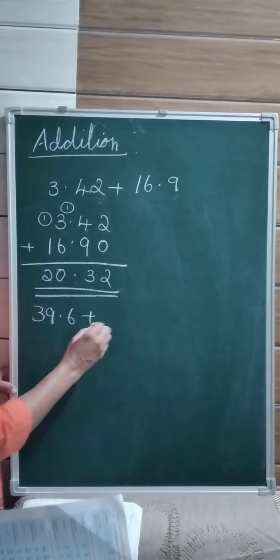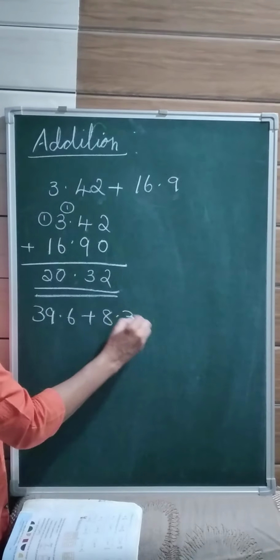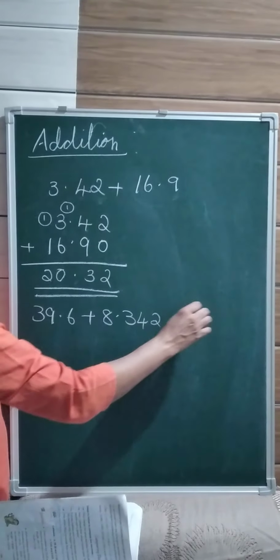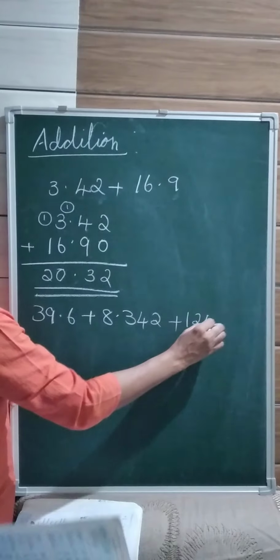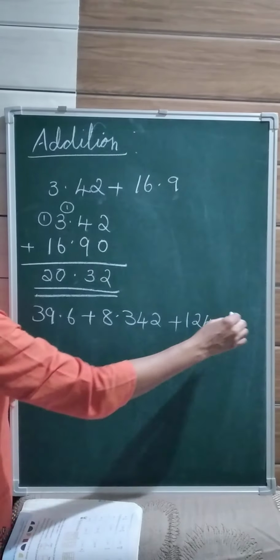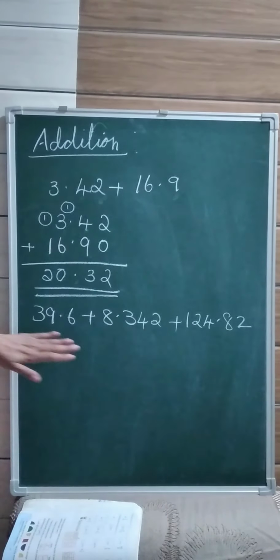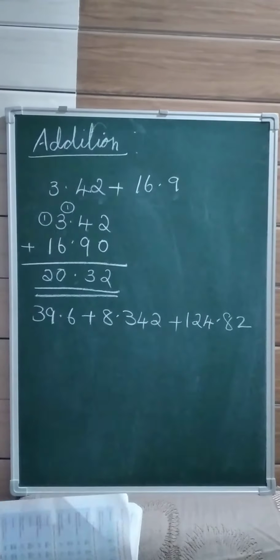39.6 plus 8.342 plus 124.82. Three numbers with different decimal digits. Okay.